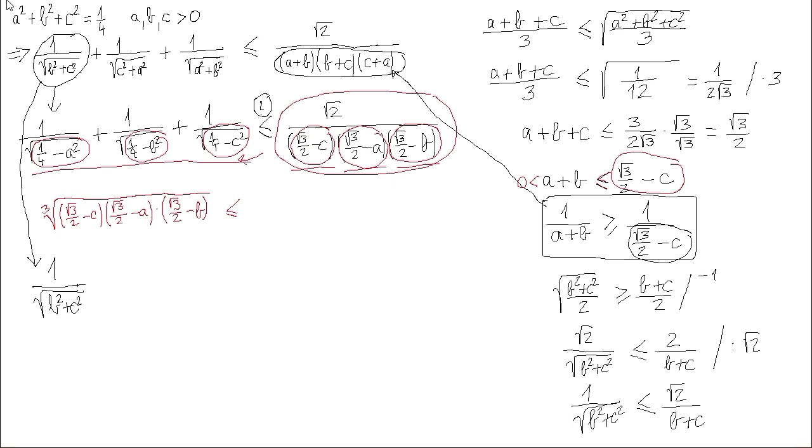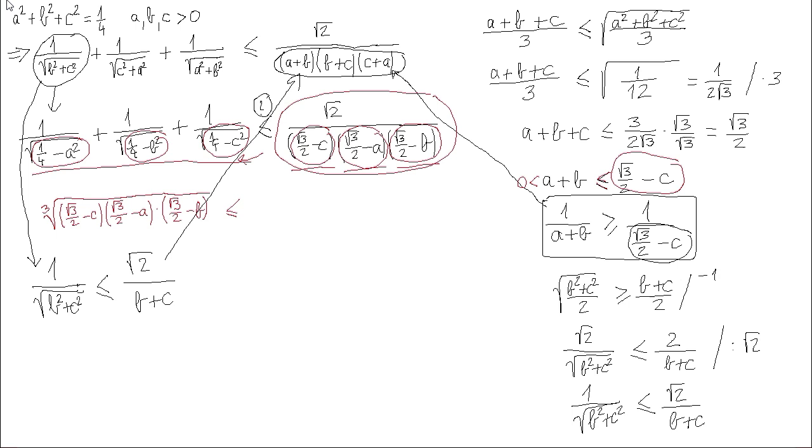So this is less than, as already stated, square root of 2 over b plus c. Okay, it has some sense. We are now close to this here, at least partially.